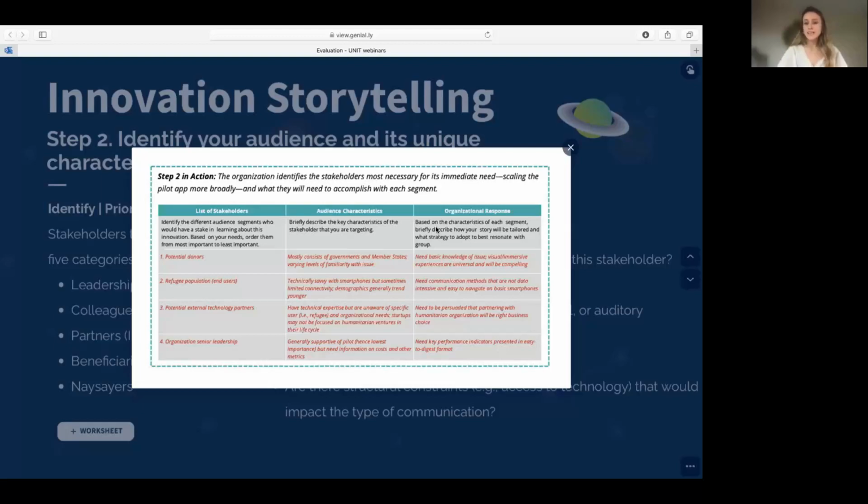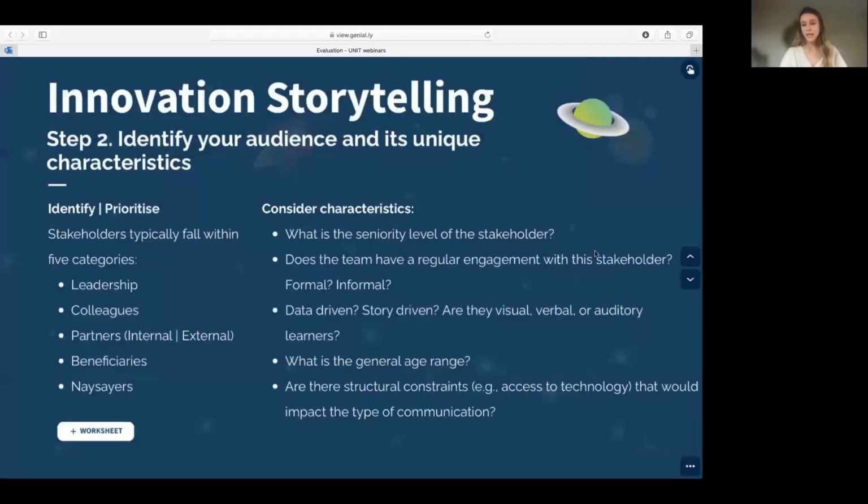And that visual immersive experiences would be highly useful, as they are universal and will be compelling. So as you can see, they have addressed the stakeholder, its characteristic, and created a communication response accordingly.